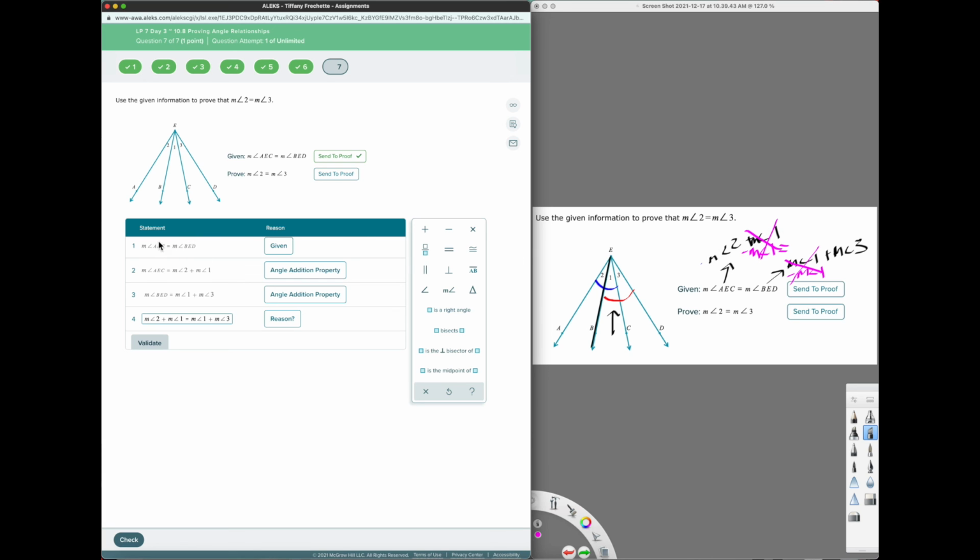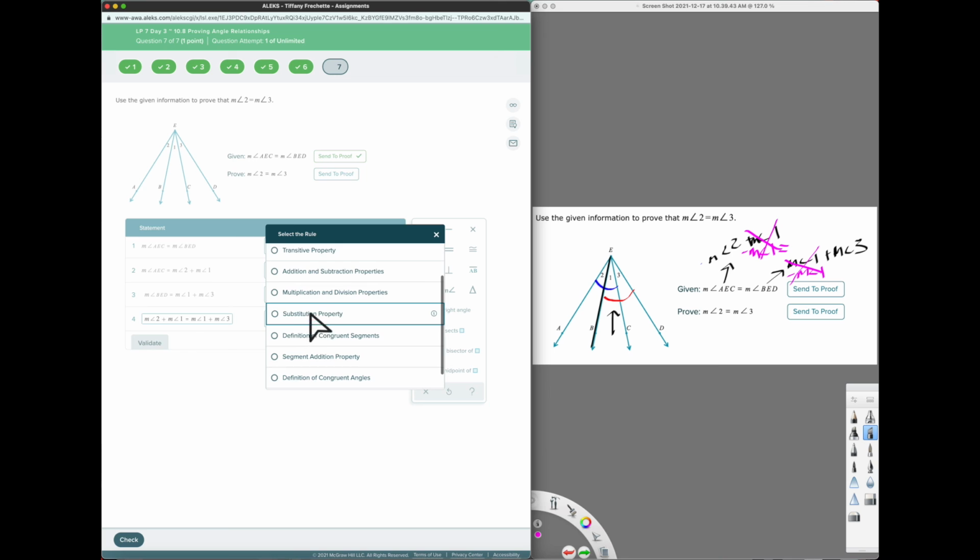AEC equals this. So I'm taking this whole piece and saying, well, instead of AEC, I'm going to write this. And instead of BED, I'm going to write this expression up here. So I'm using step 1 down here for step 4. I'm rewriting step 1 using the separate angles. So I'm substituting those together, and I'm going to validate.